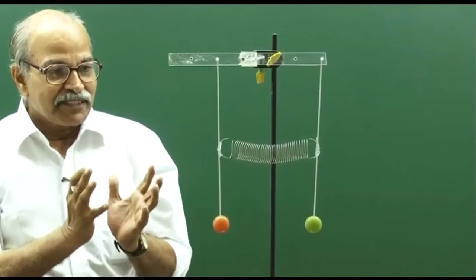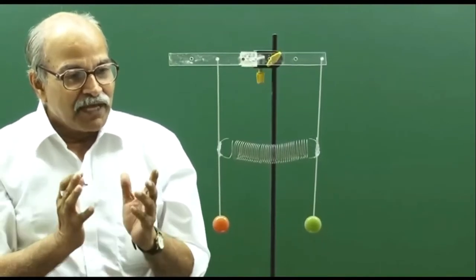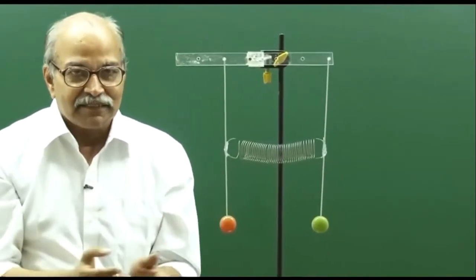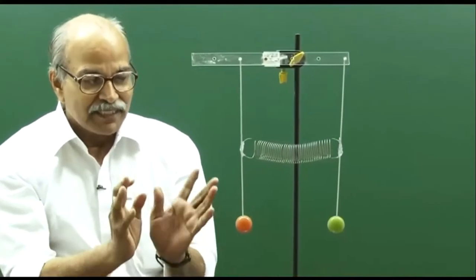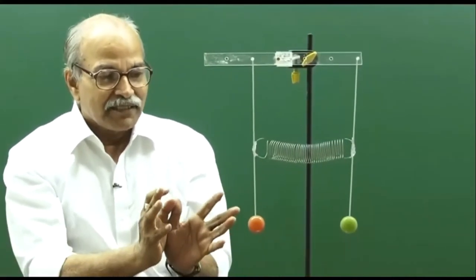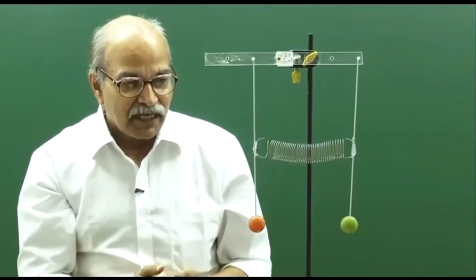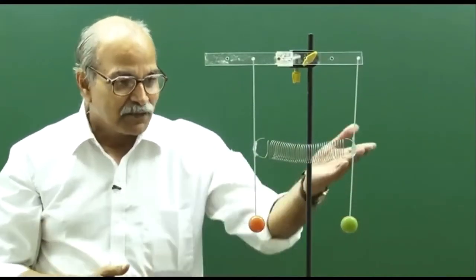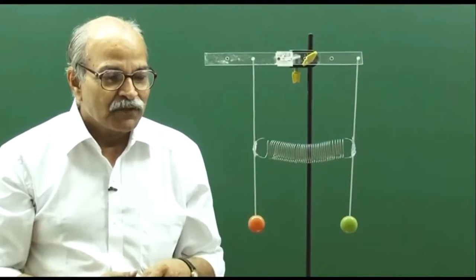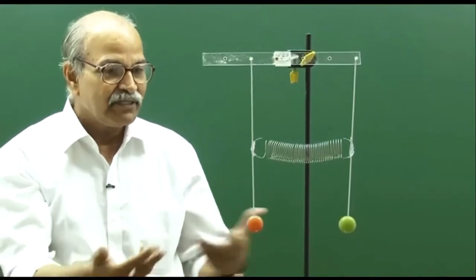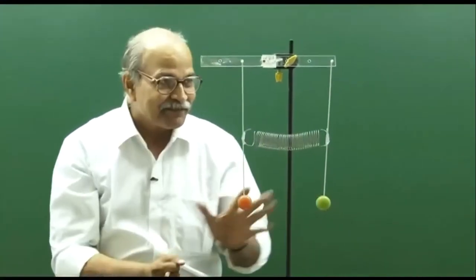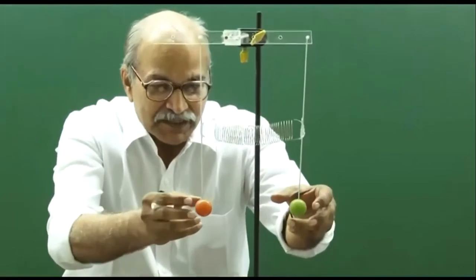Now this vibrating system can be vibrated in several manners. The simplest one, I will do now. I will oscillate it, and I will ask Anurag ji to measure the time for 10 oscillations, and then we will get the time period. Ready? Okay, I am starting the oscillations.